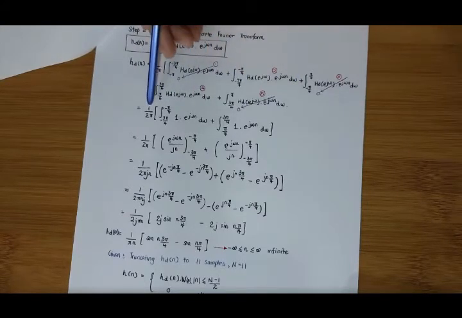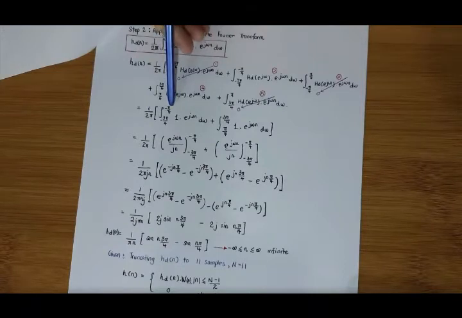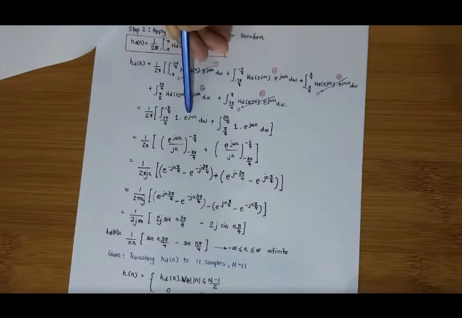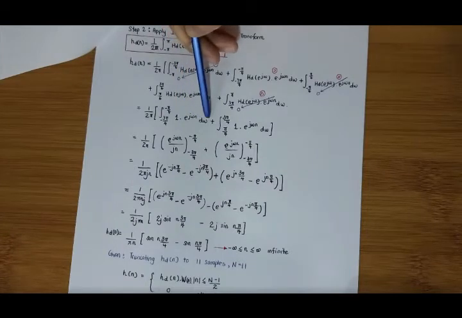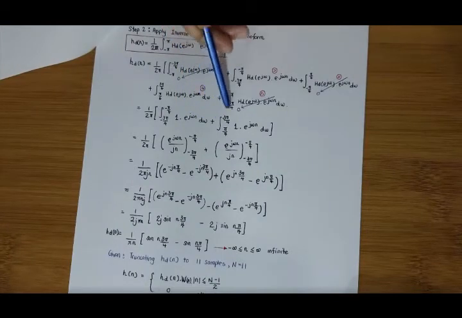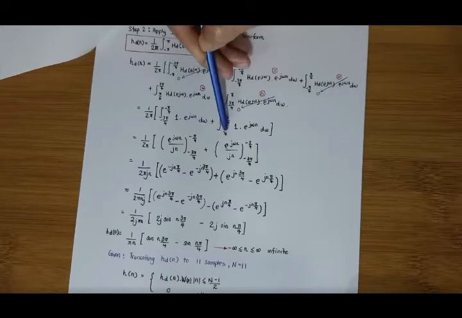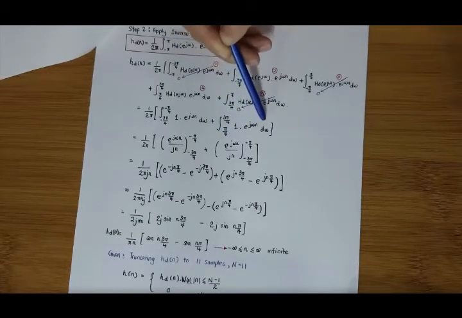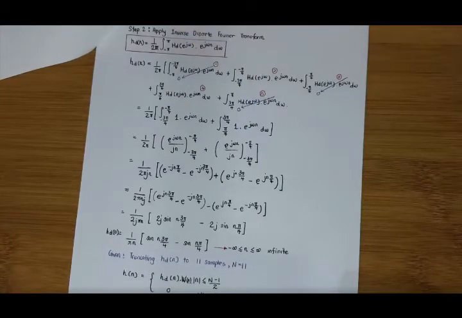So part 2 is 1 over 2 pi times the integral from negative 3 pi divided by 4 until negative pi divided by 4, of 1 times e^(jωn) dω, plus another part, part 4, from pi over 4 until 3 pi over 4, of 1 times e^(jωn) dω.